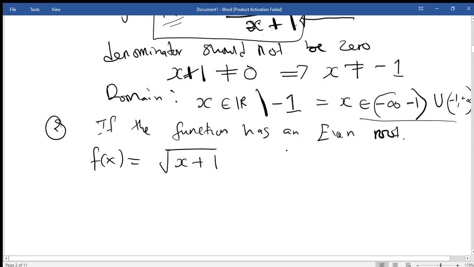So if the function has an even root, what we are being told here is that when I'm looking for the domain of this function, my focus should be the expression in the root. Even if this function was f of x equals the root of x plus 1, plus 2x outside, I don't care about this 2x, because it has no restriction.